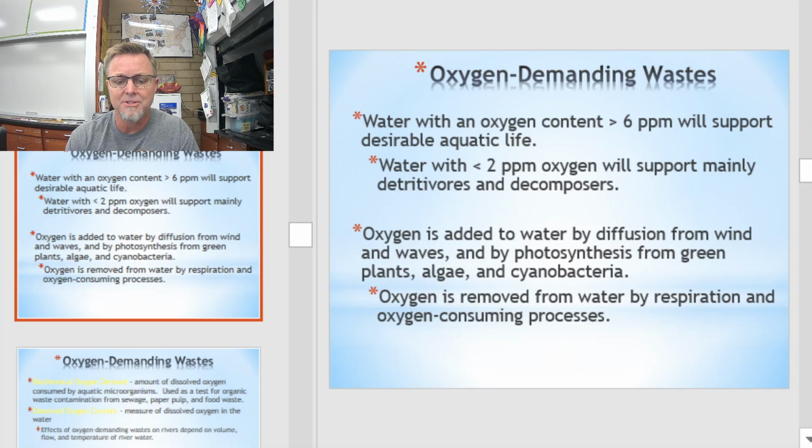Water with an oxygen content of about 6 parts per million will support desirable aquatic life. If that drops below 2 parts per million, then you'll get detritivores and decomposers. Oxygen is added to the water by diffusion from wind and waves and by photosynthesis. Oxygen is removed by respiration and by the oxygen-consuming process of decomposition.